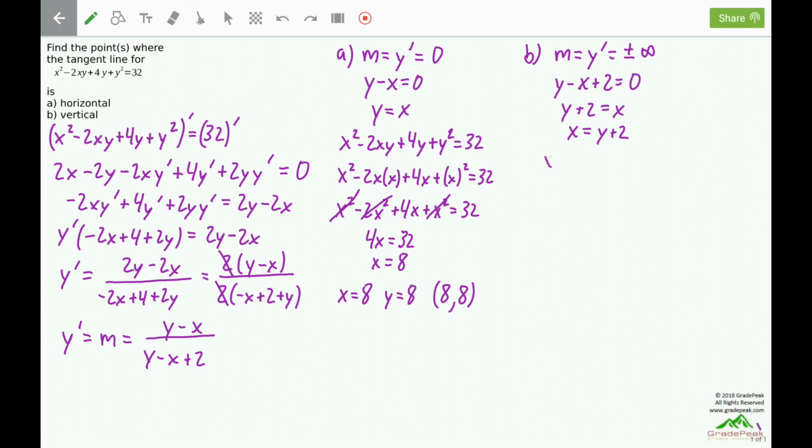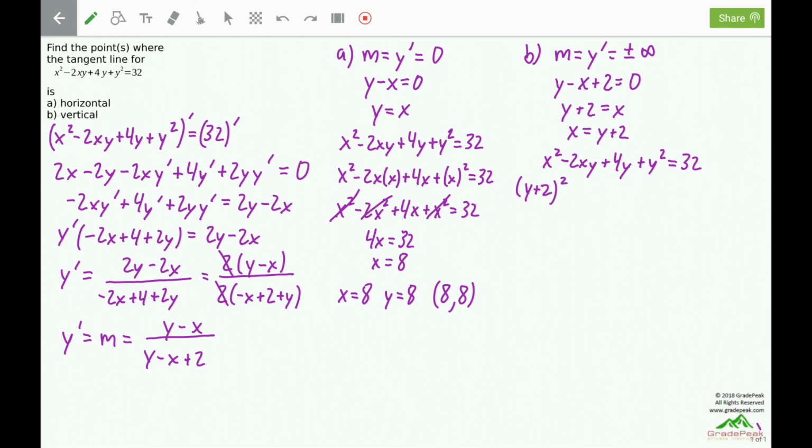We have x squared minus 2xy plus 4y plus y squared equals 32. In place of each x, I'm going to put a y plus 2.